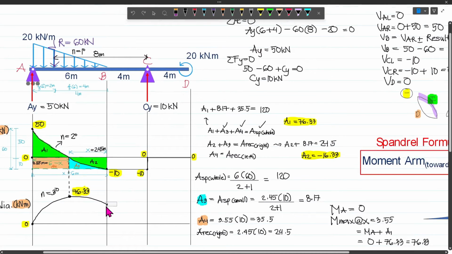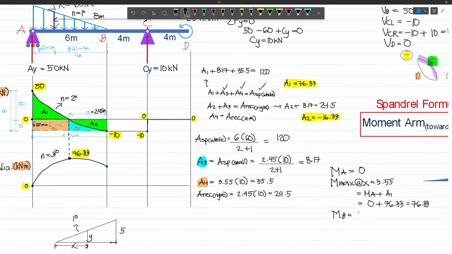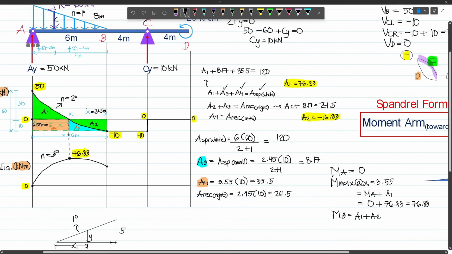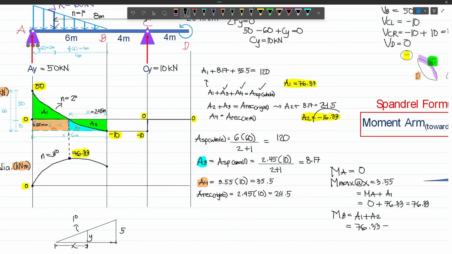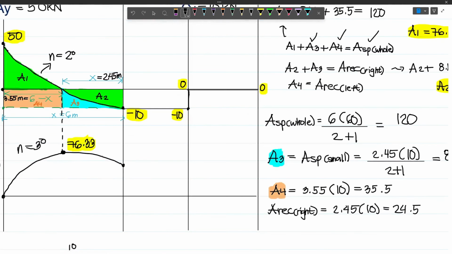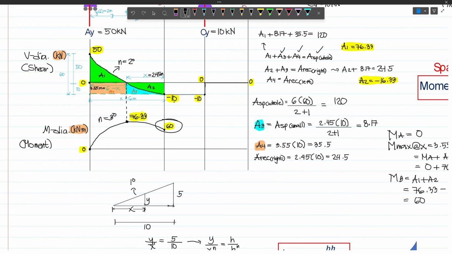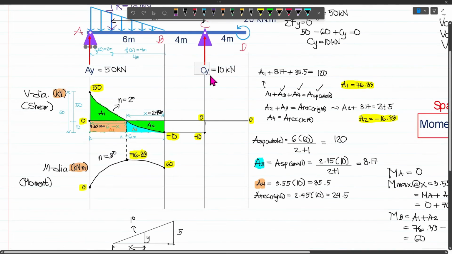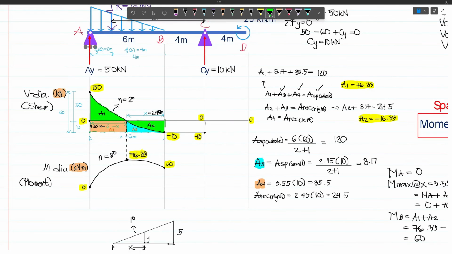And then for MB, which is at this point, we have A1 and then plus A2. Because we will now consider these areas. And so we have 76.33 and then minus 16.33. And so this will give us 60. So this is actually 60. And then from 60, we will subtract this area to get the moment at C. And so let's say this is A3. Let's just say this is A5 because you might get confused with this one.